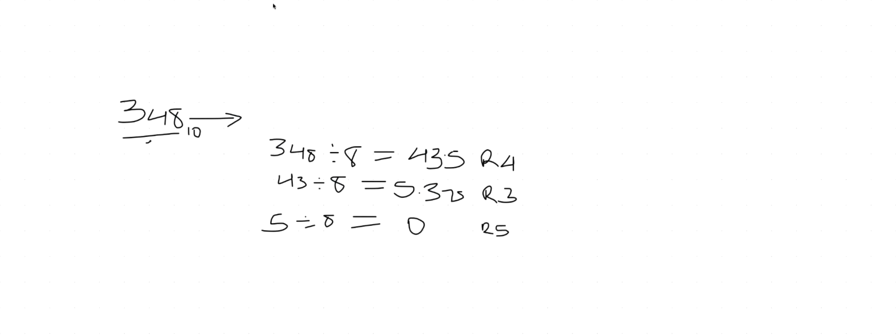So still we use the same method when we are recording it. We record it from down, from the most significant digit to the least significant digit. So meaning that our 348 decimal is equivalent to 5, 3, 534.